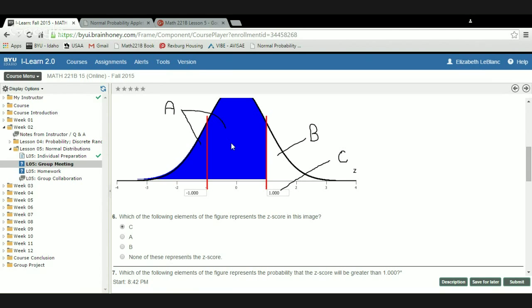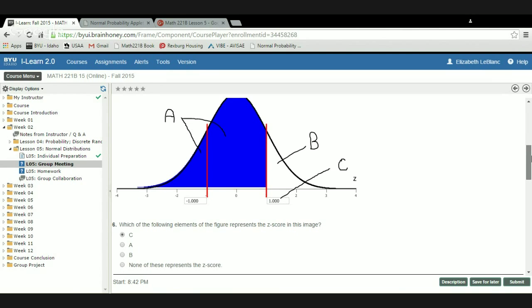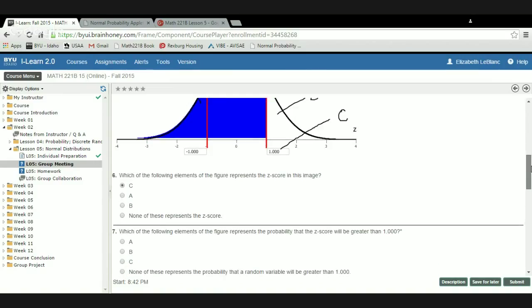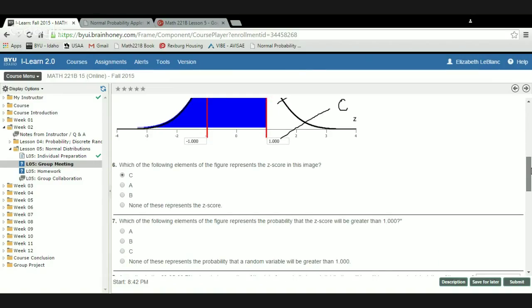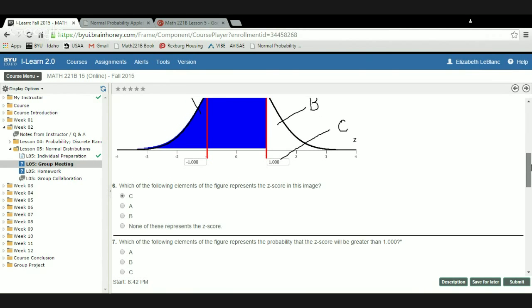I think it's C because A is like the percentiles, and B is the empty part, not what we're counting. Yeah. All right, and then 7 says which of the following elements of the figure represents the probability that the z-score will be greater than 1? And that one would be B, because it's above the z-score. Yeah.